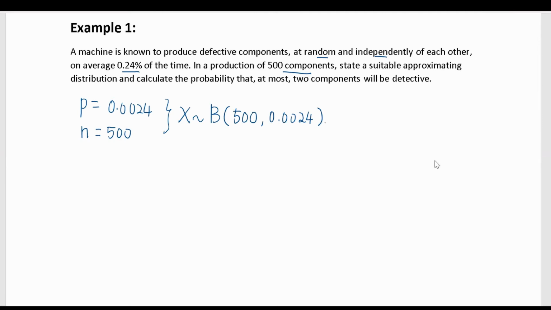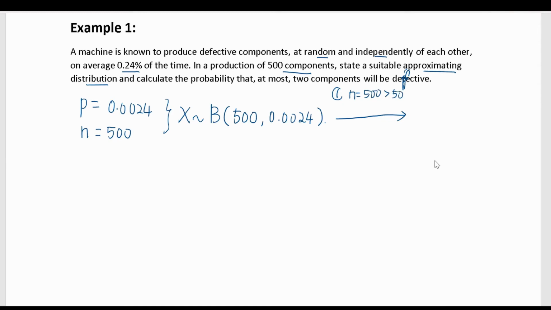State a suitable approximating distribution and calculate the probability that at most 2 components will be defective. We have a large n: n equals 500, more than 50.